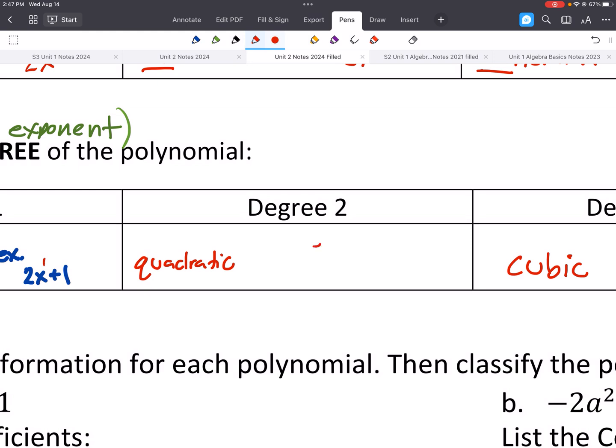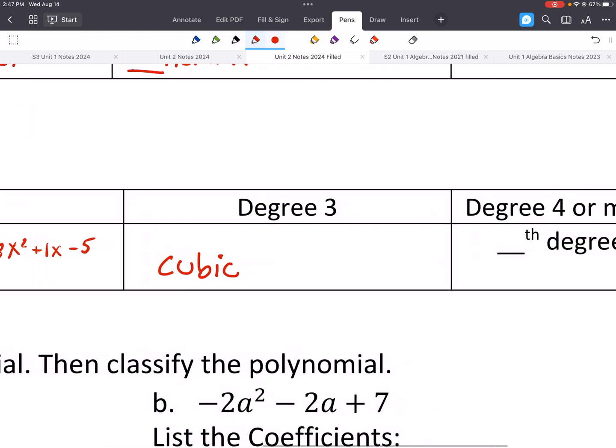Here's an example of a quadratic: 3x squared, or 3x squared plus 1, or 3x squared plus 1x minus 5. Those are all quadratics. This last example would also be a trinomial because it has 3 terms. So a quadratic trinomial.